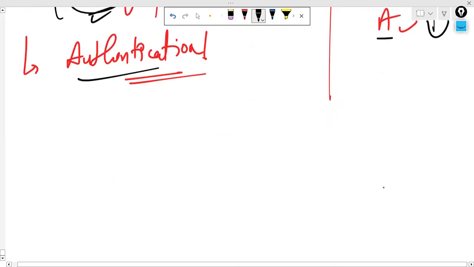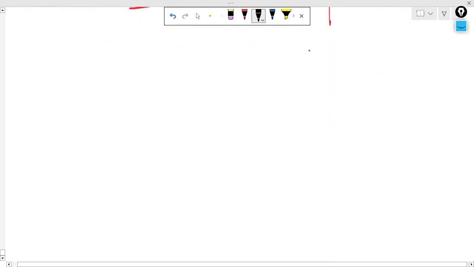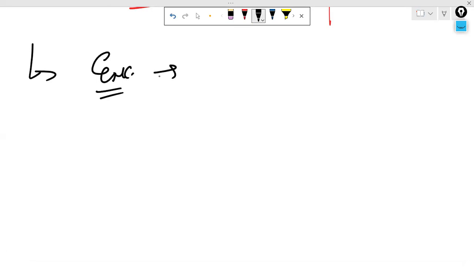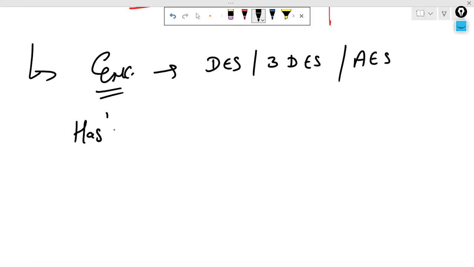Now, next we have the concept about encryption: what algorithms are we using? There are some basic algorithms, like DES, 3DES, and then we have AES. Then hashing, how? With the help of MD5 and SHA.